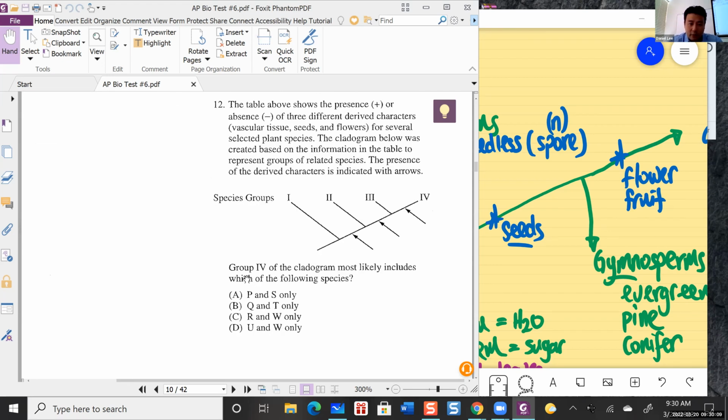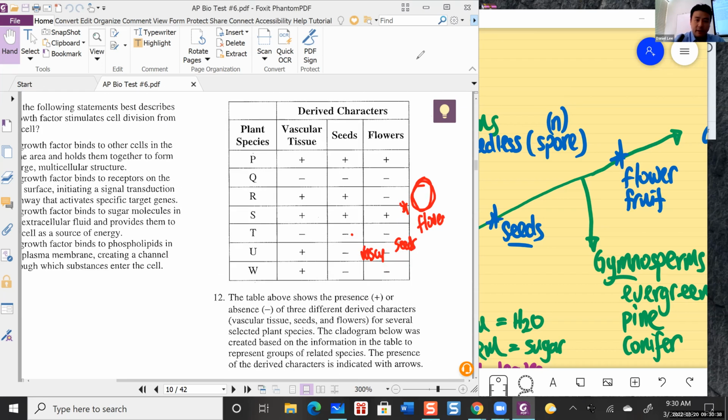Group 4 of the cladogram, so that would be the last one right here, most likely includes which of the following species? So group 4 has everything because flowers have evolved for them, because seeds have evolved for them, because vascular tissue has evolved for them. So group 4 possesses everything. So you're looking for the organism, going back, who has everything, right?